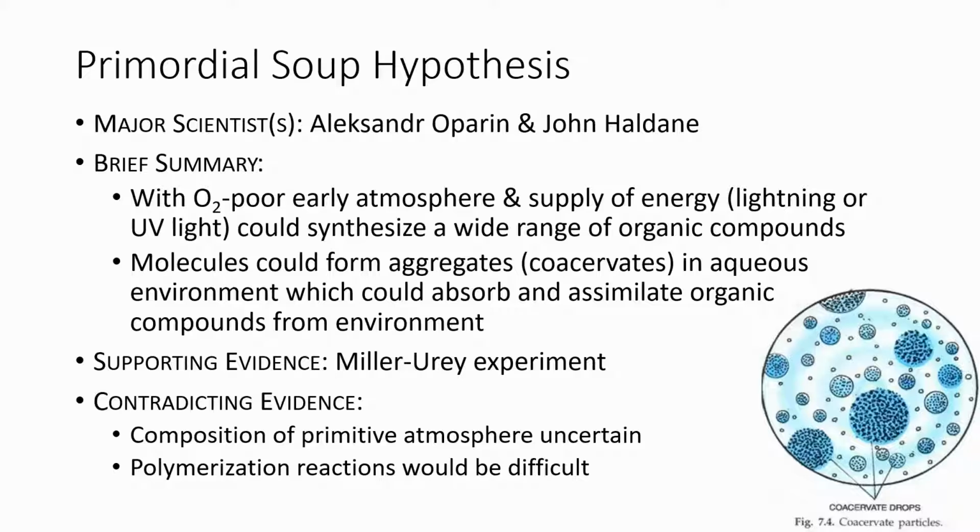We're still not 100% certain what the composition of the primitive atmosphere was, so we can't make definite claims about what gases were in the atmosphere and what organic compounds they could have formed. Also, once you got these simple organic compounds, polymerization reactions would be more difficult, and polymerization reactions would be like dehydration synthesis, forming more complex polymers from simple monomers.